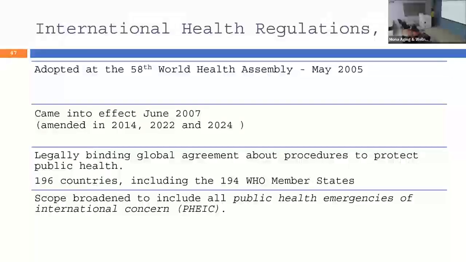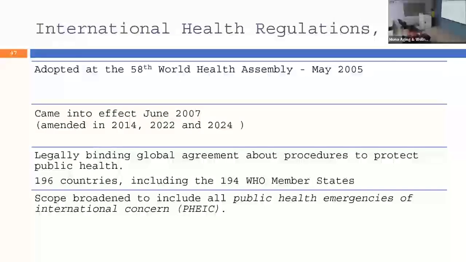So these are events where there's a possibility that it's going to affect travel and trade, affect several countries, with wider implications for morbidity, mortality, for the economy and the response. And it may be beyond what the country can manage in terms of containment.